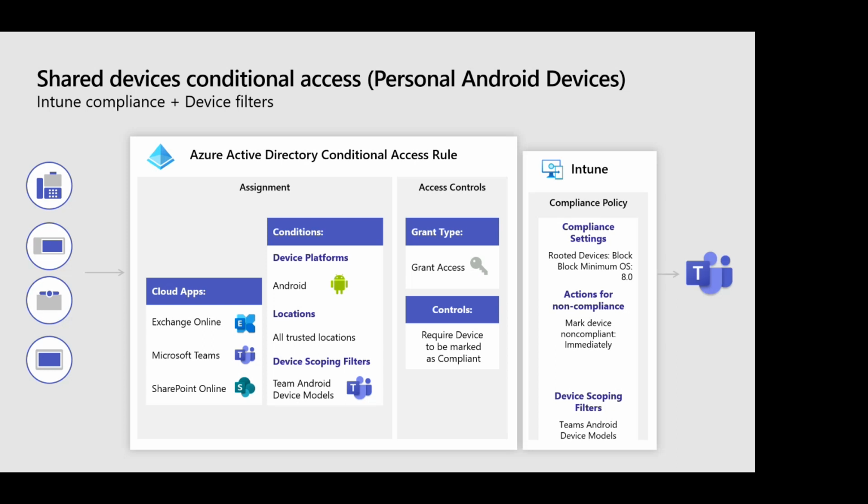There are many ways you could do this. These were just some examples to give you some ideas on what's possible whenever you're looking at the different policies, the different devices, and the different use case scenarios, personal, shared, and depending on how you want to manage that.